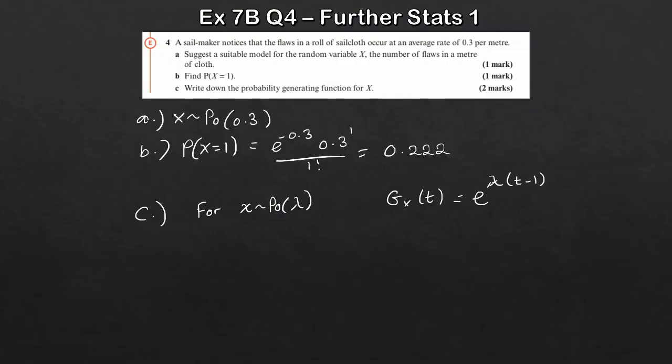That's a really bad lambda symbol. So in our case, we know our lambda is 0.3, so therefore our probability generating function is just going to be simply e to the 0.3 times t minus 1. Okay, and that's all you've got to do. It's as easy as that.